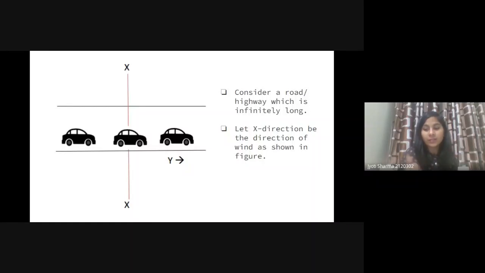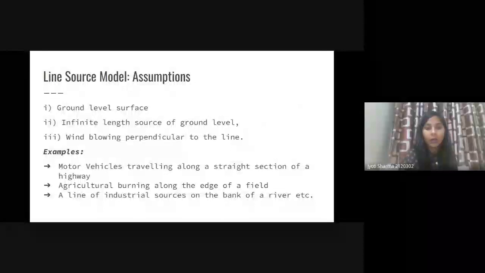The first thing is we are assuming that our car is moving, or our line source has an infinite length. Okay, the first assumption. The second is our wind direction is perpendicular to the direction of movement of our line source. So this is what we are considering in the line source model.